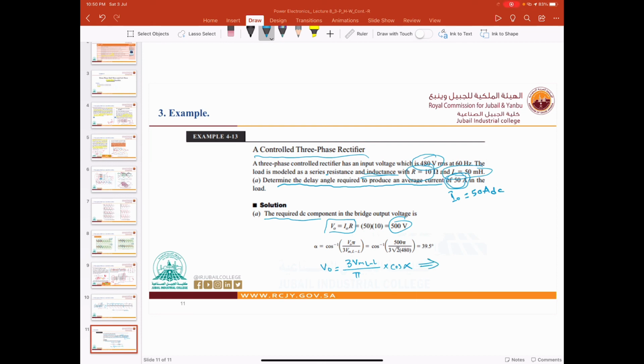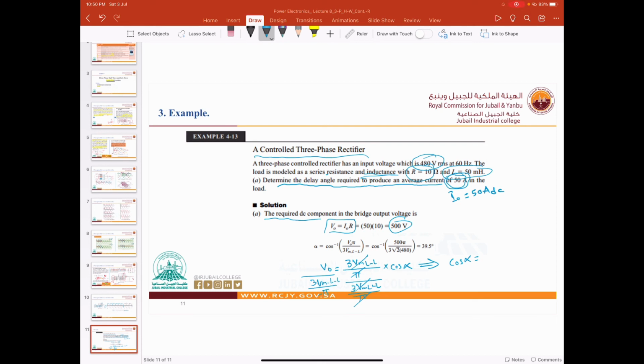So we can divide both sides by 3 V maximum line to line divided by pi.